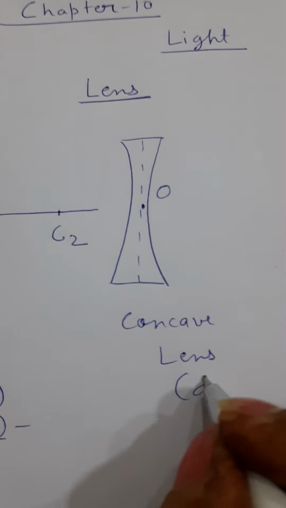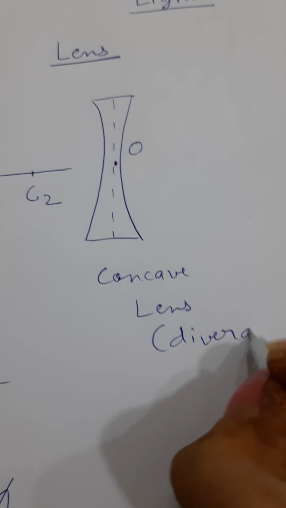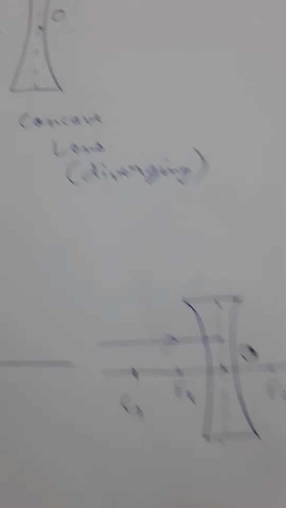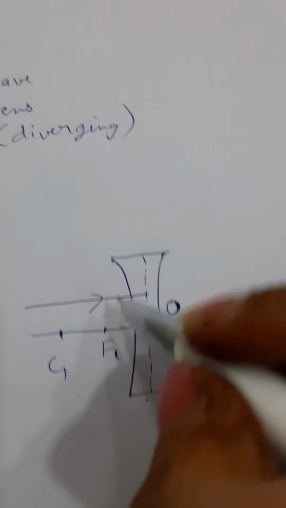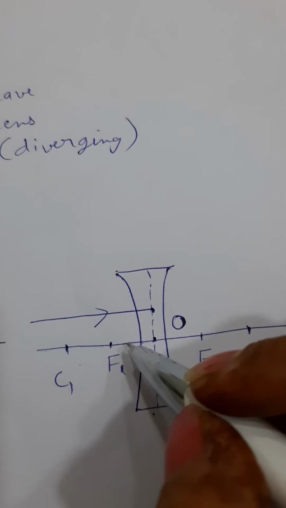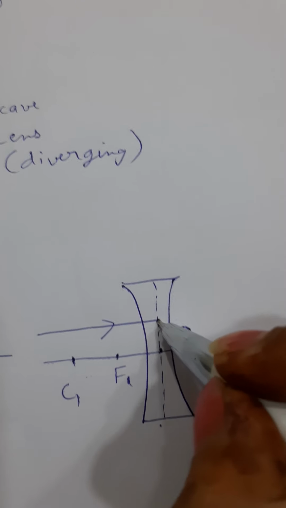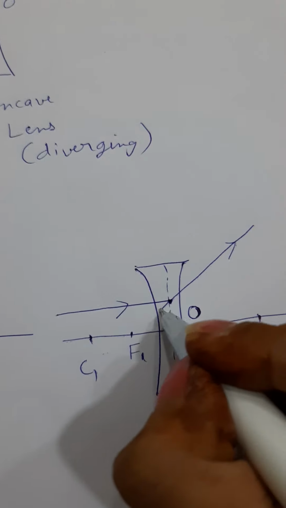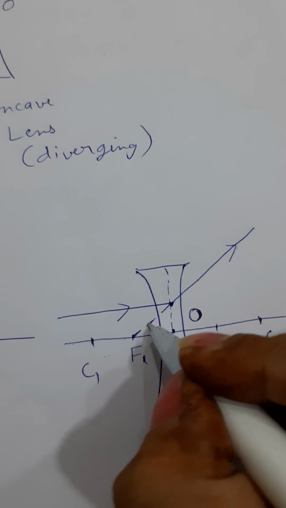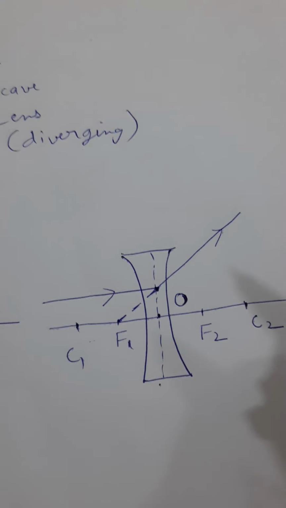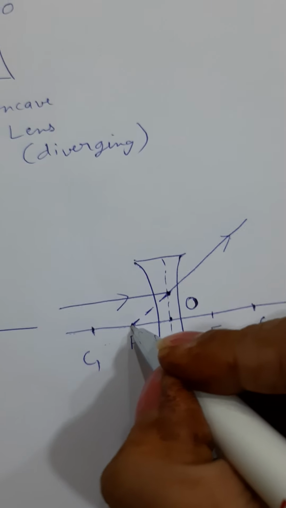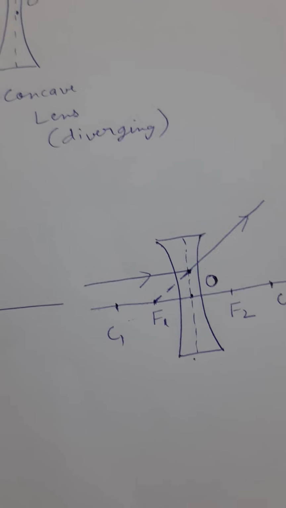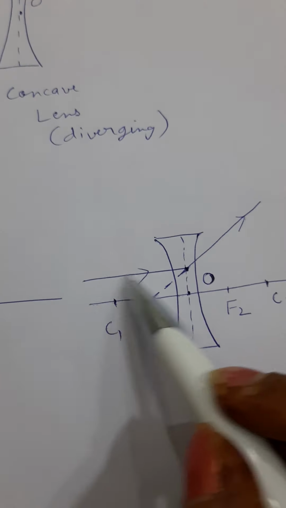Concave is called diverging, so it will diverge. As soon as rays fall here, they will go like this after refraction. We will extend them at the back with a dotted line, you know the extended portion we draw with a dotted line. So they will appear to meet at F1, actually they are going to diverge.